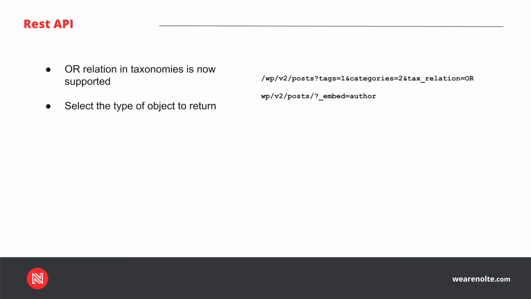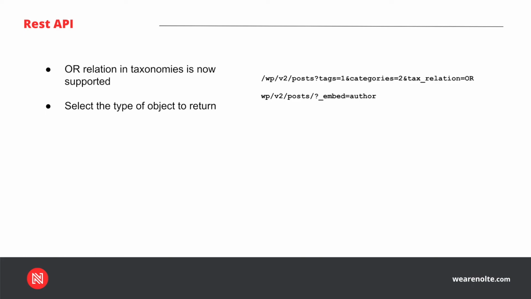Another change goes to the REST API, where you have two new options. For example, you can now get the taxonomies with an OR relation, which was not possible before.